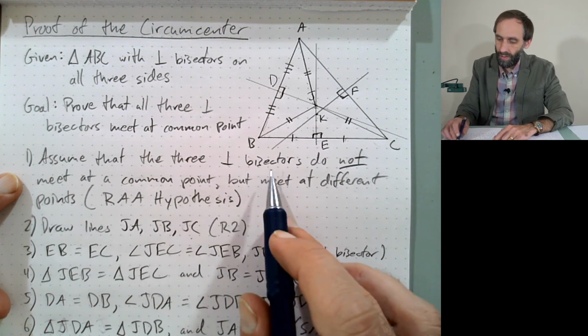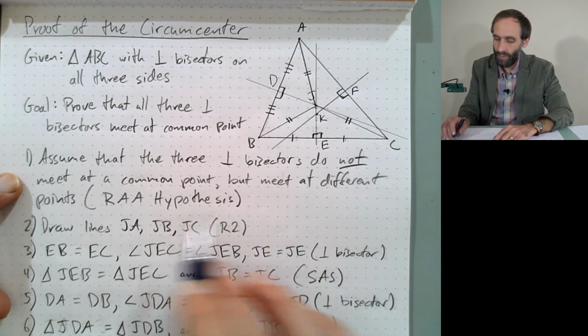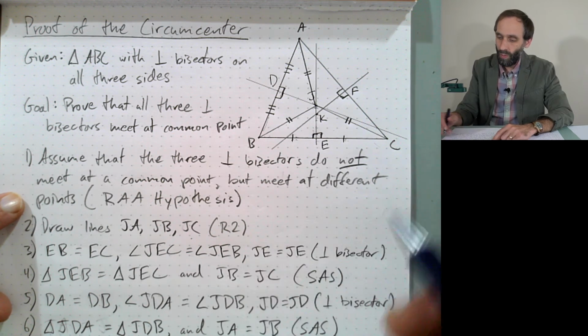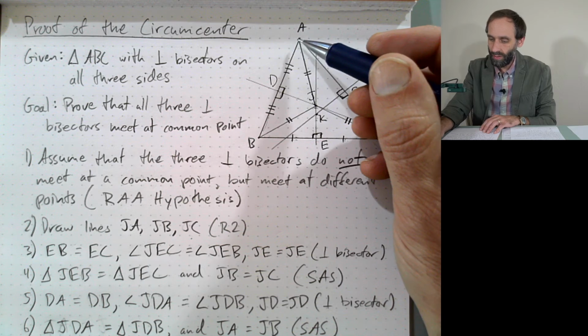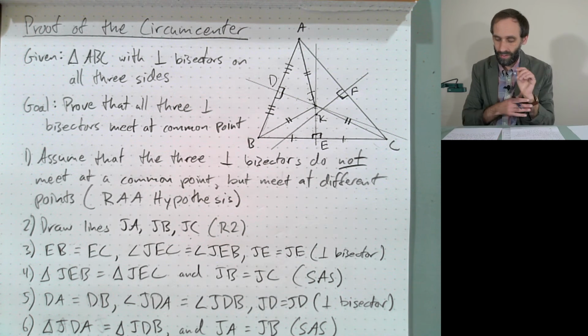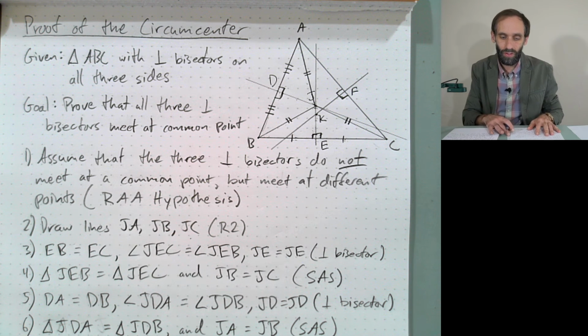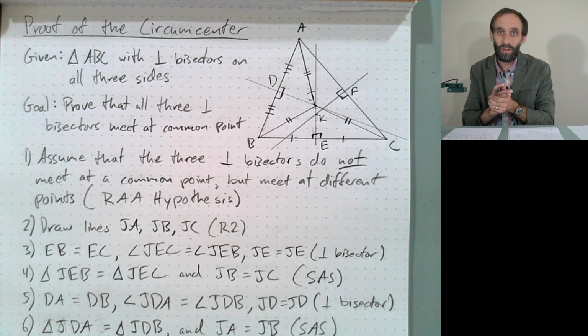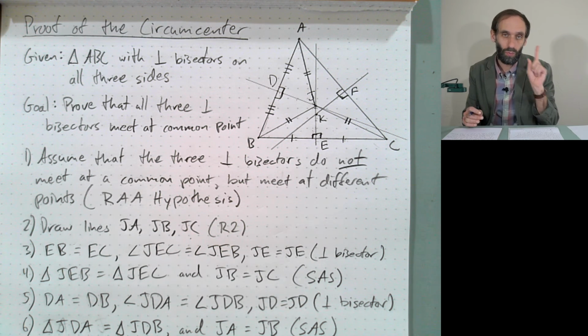So we assume that the three perpendicular bisectors do not meet at a common point, but meet at different points. Well, if they meet at two different points, that means that the circle containing A, B, and C has two different centers. And I don't think that a circle can have two different centers. The definition is that a circle is the set of all points equidistant from a center, and it will be one unique center.